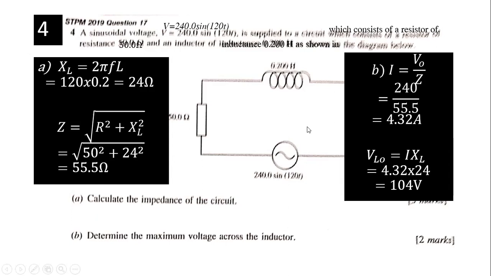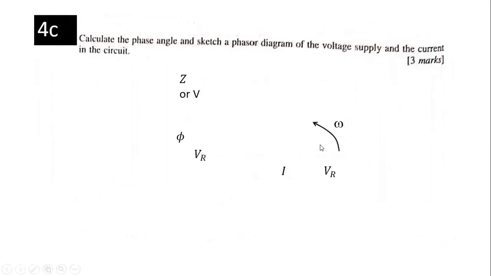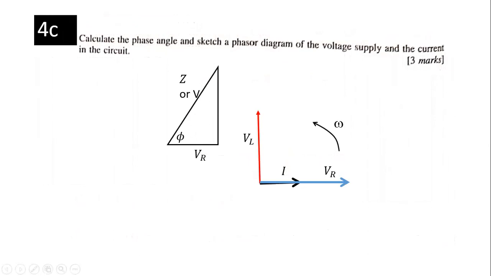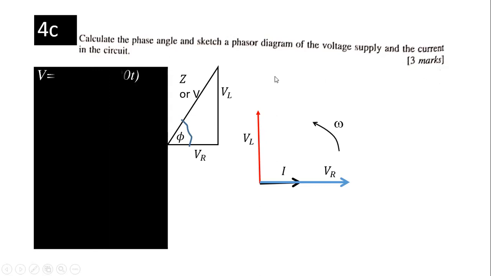Okay, if no question, let's go to part C. Calculate the phase angle and sketch a phasor diagram. That's your phasor diagram. That's your I, that's your VR, that's how it rotates anti-clockwise. Then your triangle, VR, and then VL.